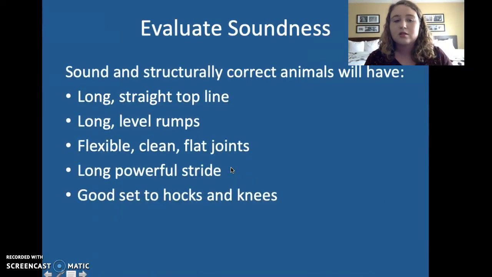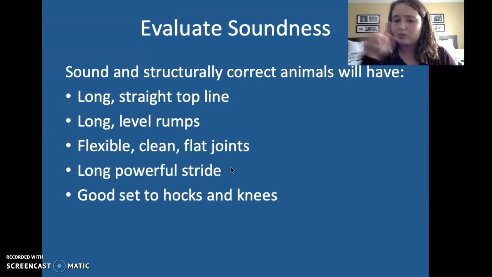Okay, soundness. So soundness you really want to evaluate on the move. So sound and structurally correct animals will have a long, straight top line, so they won't be roached in their top. They'll be long, level rumped, flexible, clean, flat jointed, long, powerful stride, and they'll have a good set to their hock and knees.